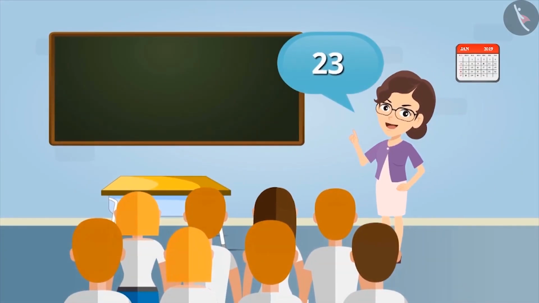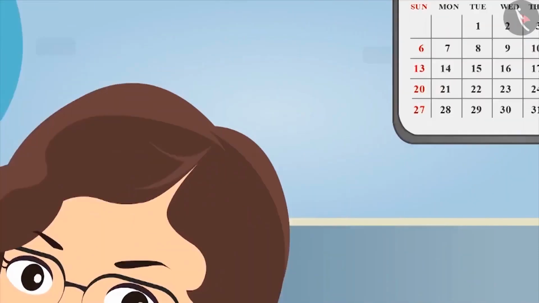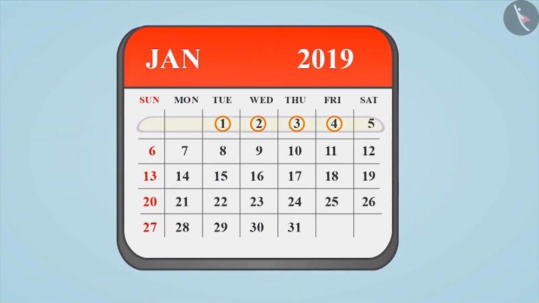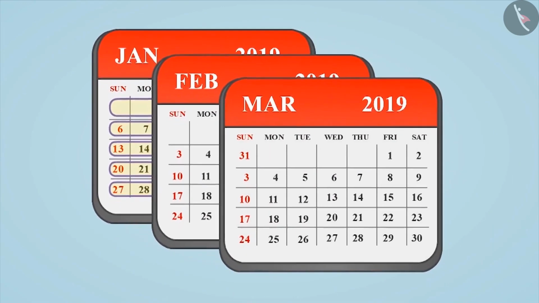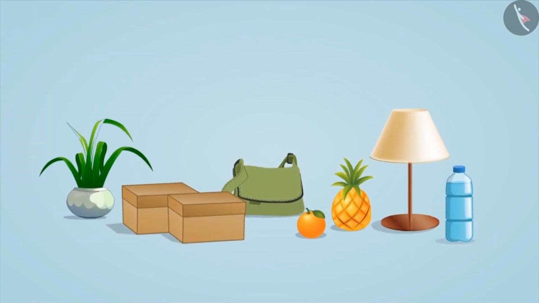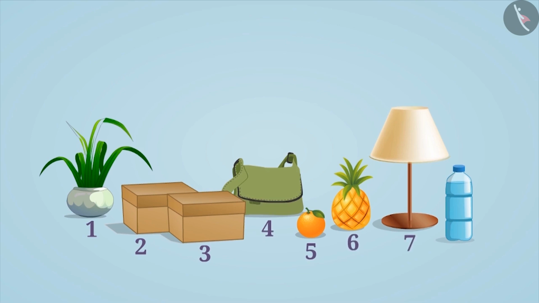Counting the students in a class, counting the days, weeks, and months, counting various objects, etc. Whenever we begin counting, numbers like 1, 2, 3, 4, 5, 6, 7, 8, etc. come to our mind naturally.